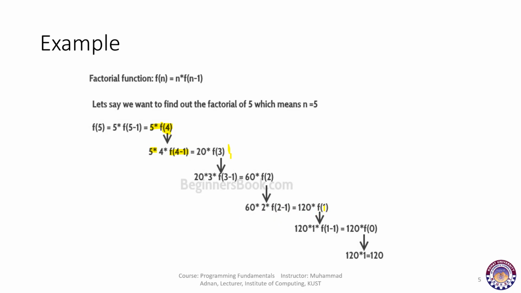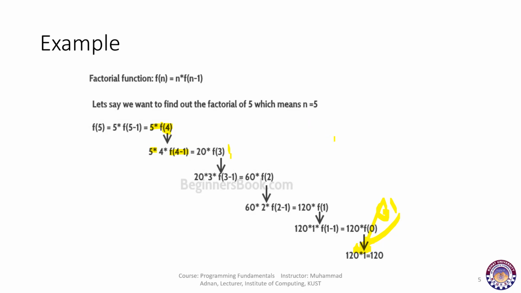The base condition is met, therefore we further go and say that f of 1 minus 1 becomes 0, and the factorial of 0 is in fact 1. So we multiply this 120 by this one, so the result is 120. So the factorial of 5 is then 120.